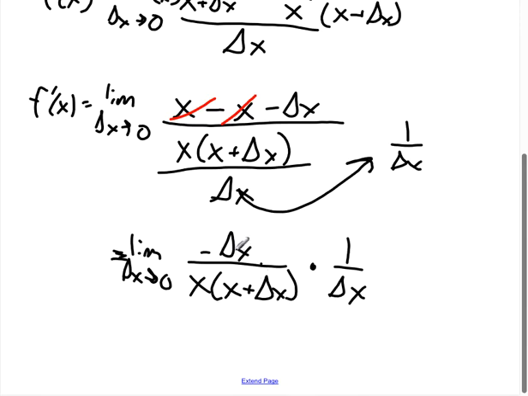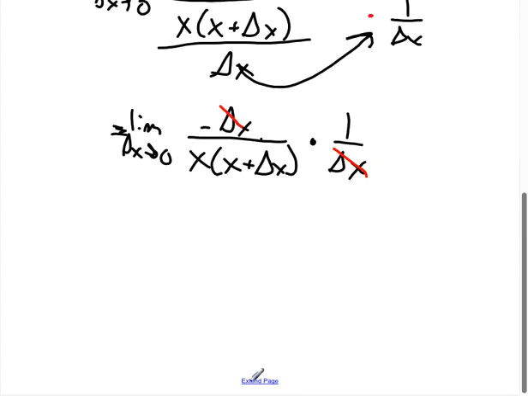Right, I don't want two divisions here, divide, divide. So instead, when I rewrite this, let's not divide by delta x. Let's multiply by 1 over the reciprocal. And the nice thing is, when I multiply by the reciprocal, those delta x's cancel, and I can rewrite, and then nothing stops me from actually taking the limit.